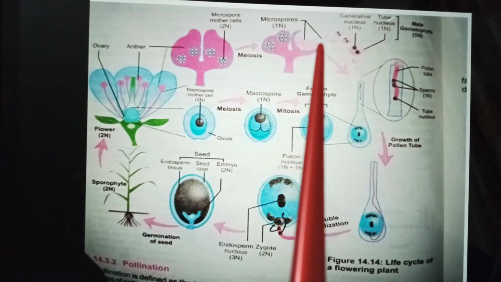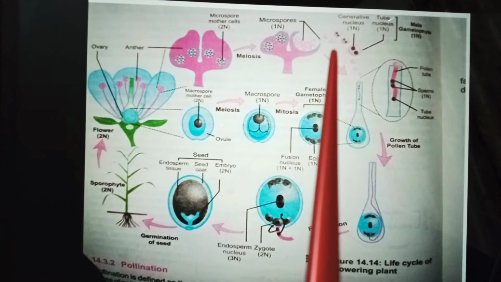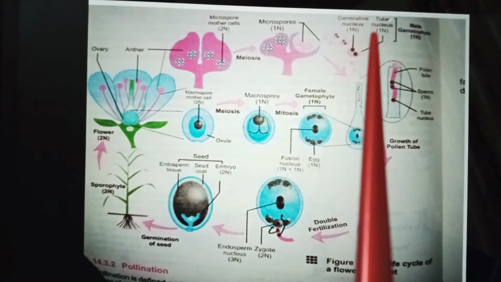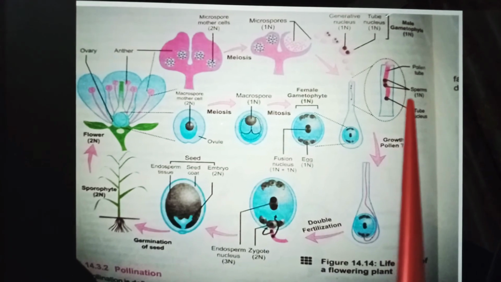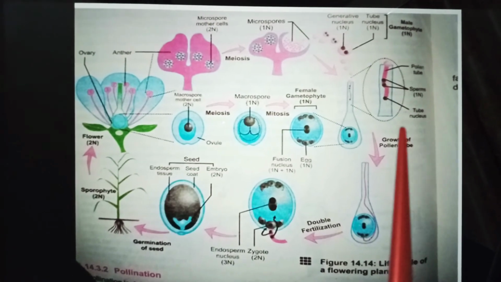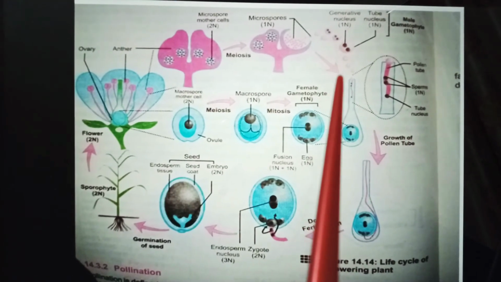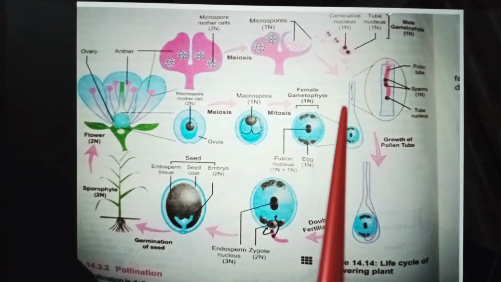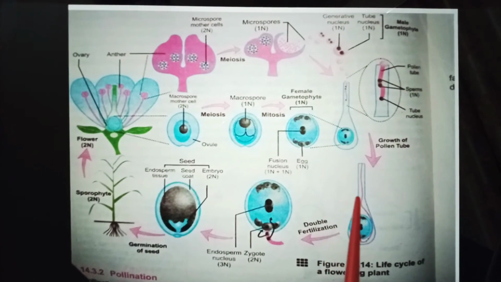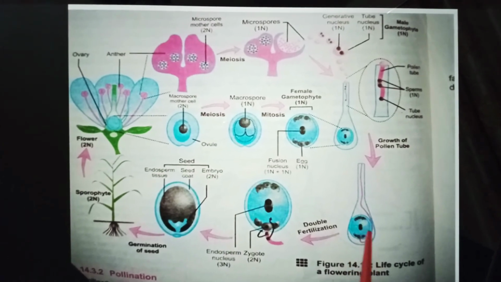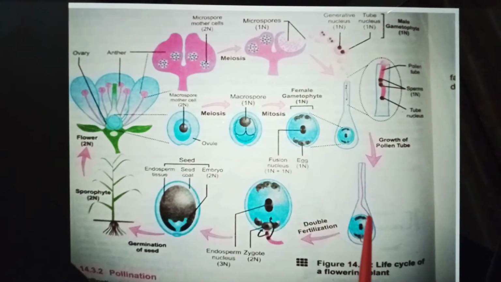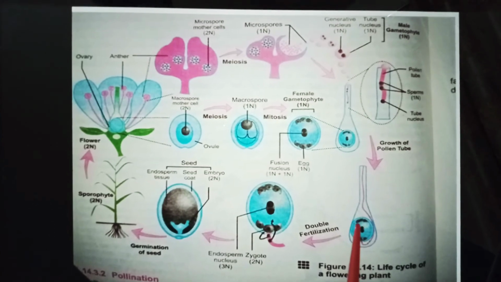Microspores have two nuclei, generative nucleus and tube nucleus. Here are pollen tube, sperms and tube nucleus. When these spores land on stigma, they will form a pollen tube, which then extends from style to ovary and then to the ovule.